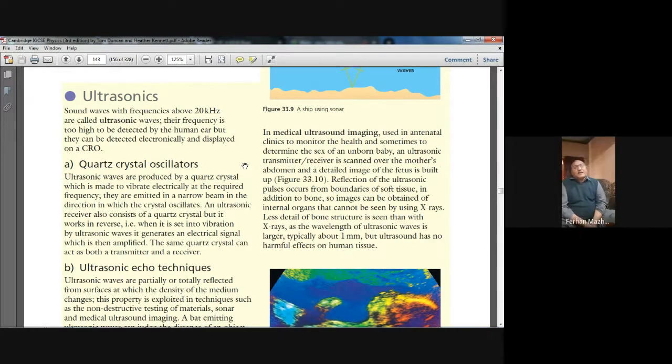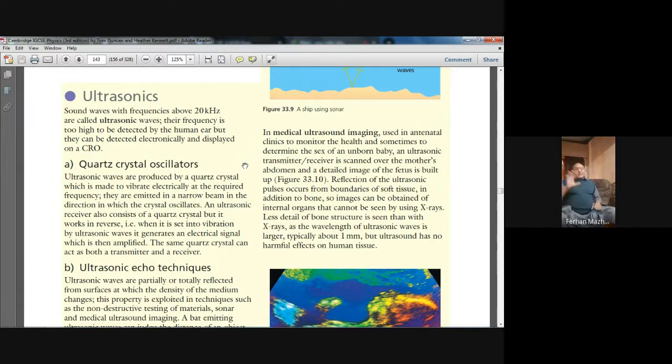The human ear will not be able to hear ultrasound or infrasound. So any sound whose frequency is less than 20 or more than 20,000 hertz, we are not able to hear them, but they are very useful.